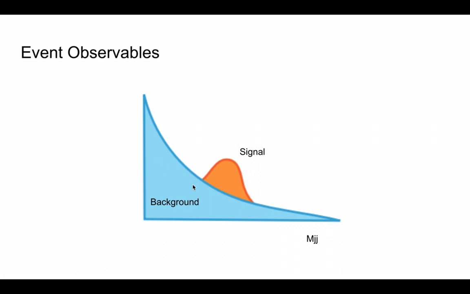The QCD background is expected to behave as a falling spectrum, while the BSM signal is expected to have a peak structure around the new physics invariant mass point. MJJ would be one of the most efficient observables for such signal-background classification.